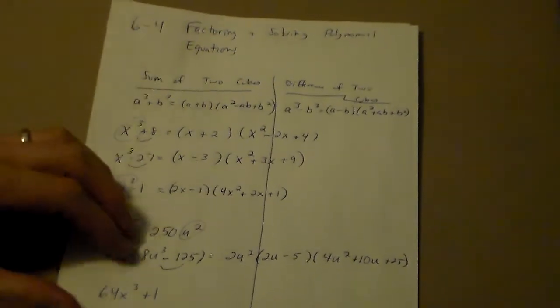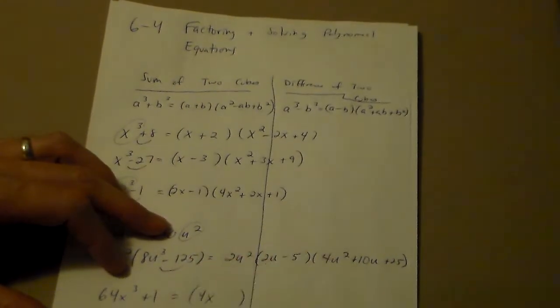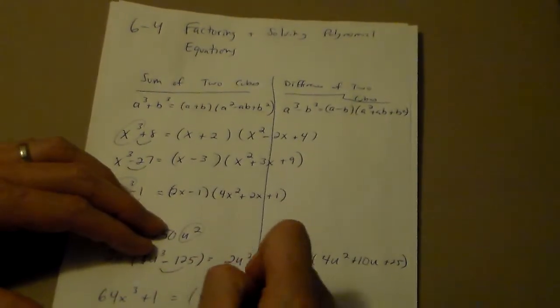All right, so the cube root of the first term is 4x. Cube root of the second term is 1.